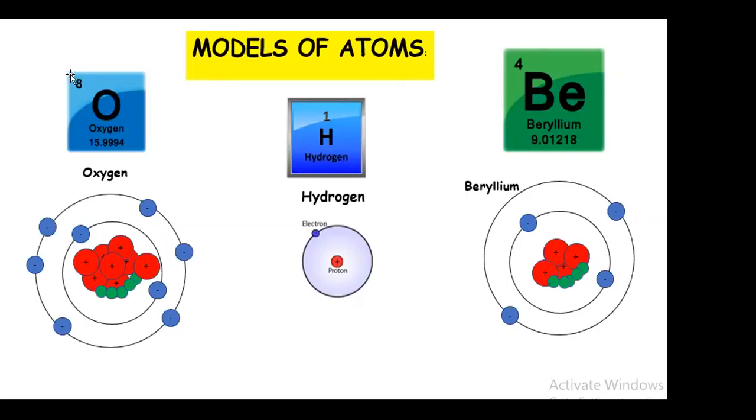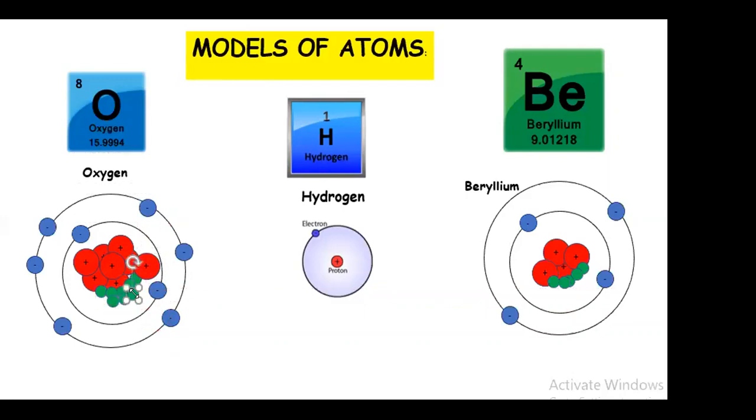So if there are 8 protons, then how many neutrons are there? Yes, Christopher said 8. Excellent.